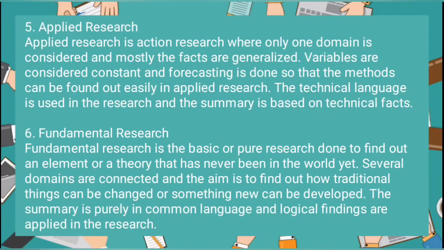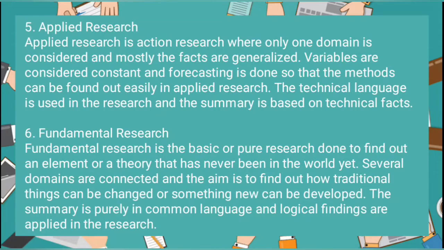Moving on to the next type of research methodology, this is applied research. Applied research is basically an action research where only one domain is considered and mostly the fact is generalized. Variables are considered as constant and forecasting is done so that the methods can be found out easily.